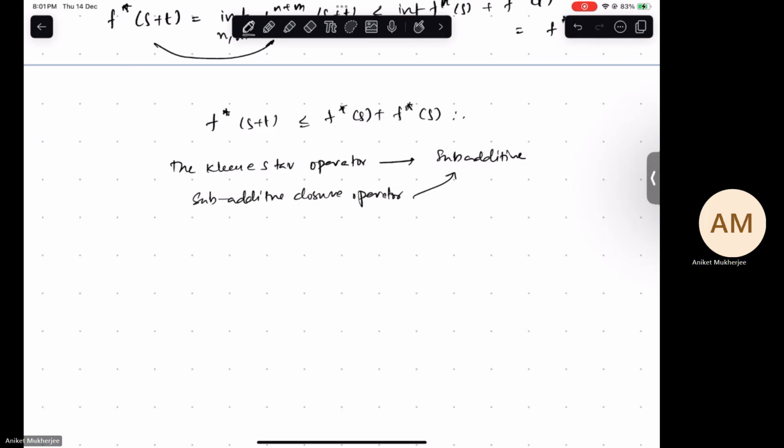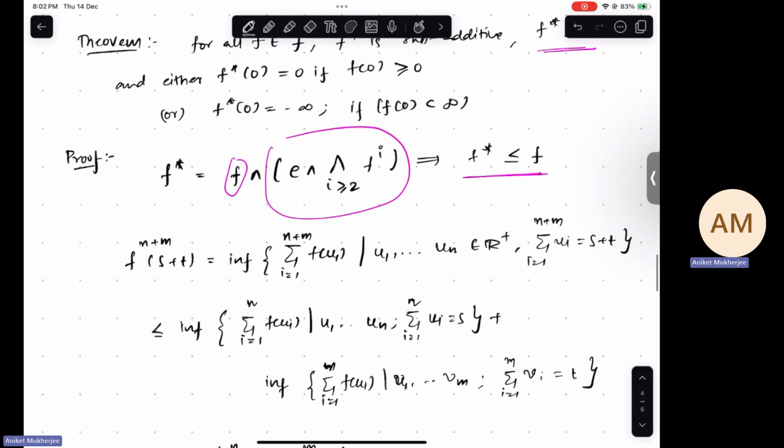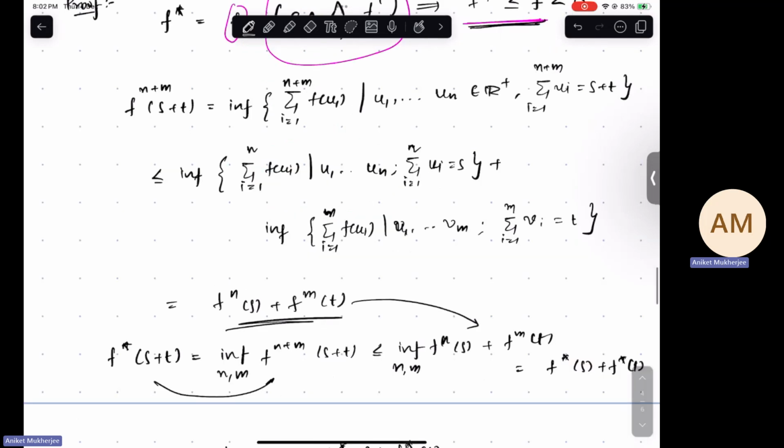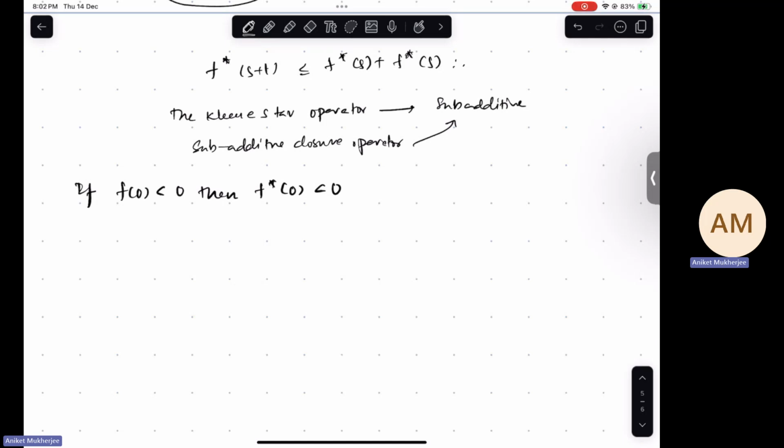Next, if f(0) is less than 0, then f star(0) is less than 0, right? Because f star is less than f. So if f is less than 0, then f star is also less than 0. Okay.